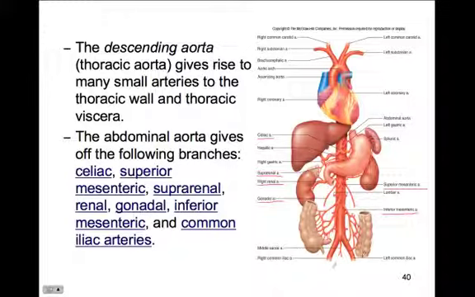And then we'll see that the descending aorta splits into the common iliac arteries, one on the right and one on the left. So of all the vessels that we see, these are the only ones you'll be held responsible for. Spend the time now and go and look at the branches off of the aorta in Anatomy and Physiology Revealed.